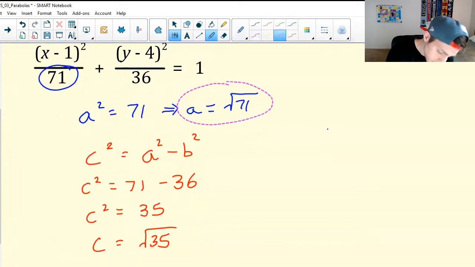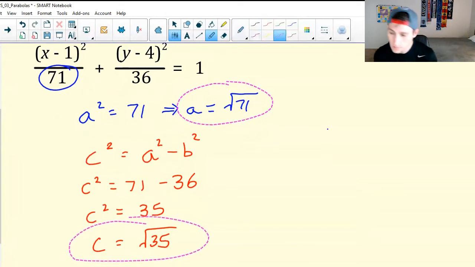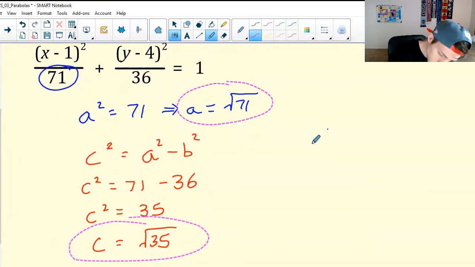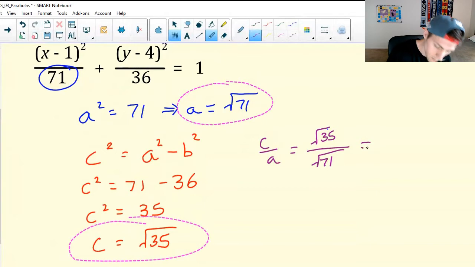So let's use these now to find the eccentricity. So we just divide c divided by a. Square root of 35 divided by square root of 71. This is one of the few occasions that we'll actually take a look at a decimal.